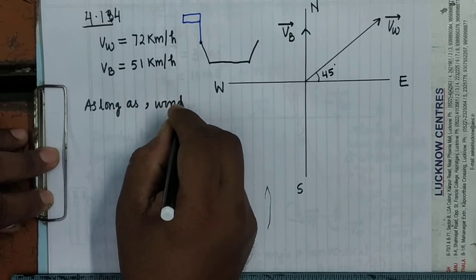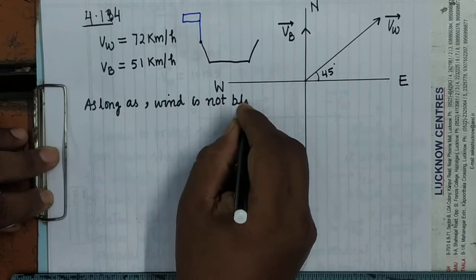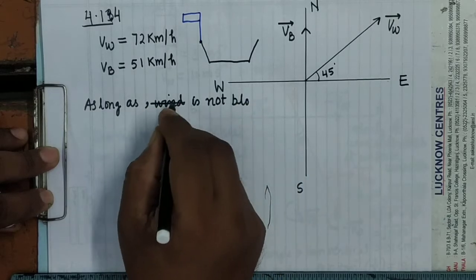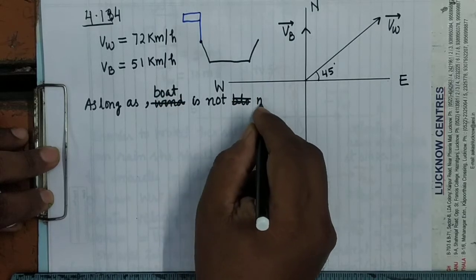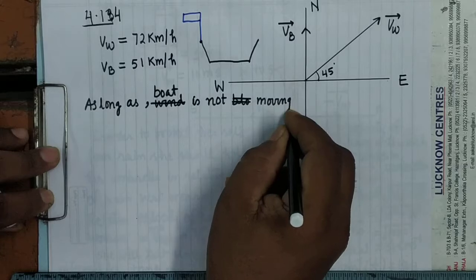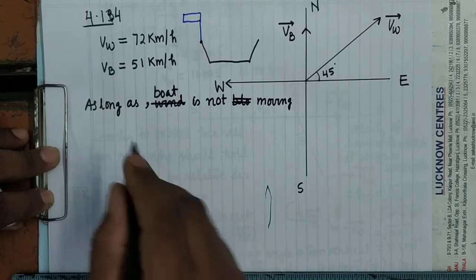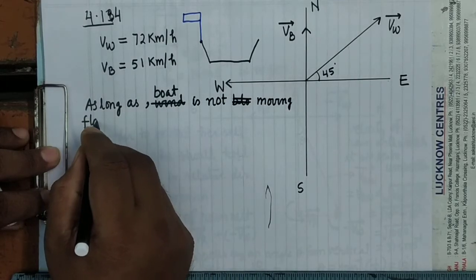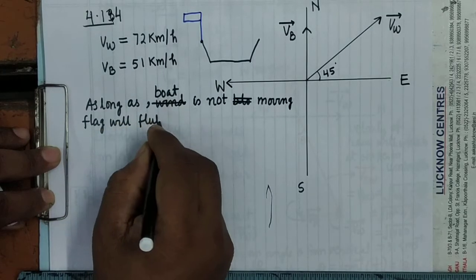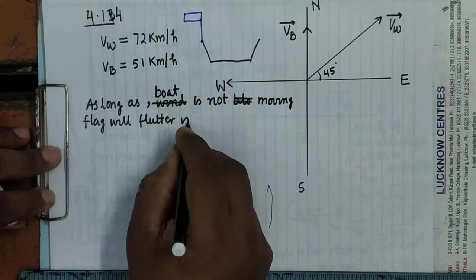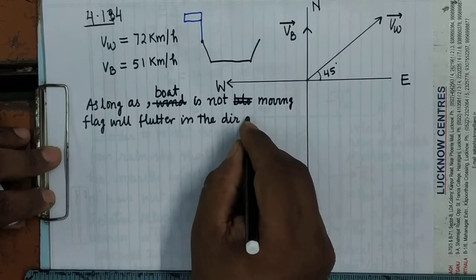So see here, as long as boat is not moving, it's clear. Here this is the west direction. Flag will flutter in the direction of wind.